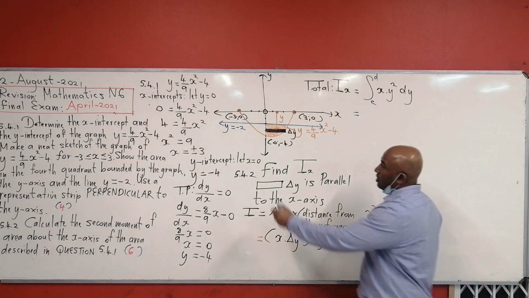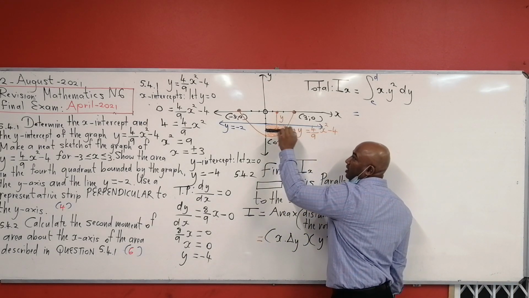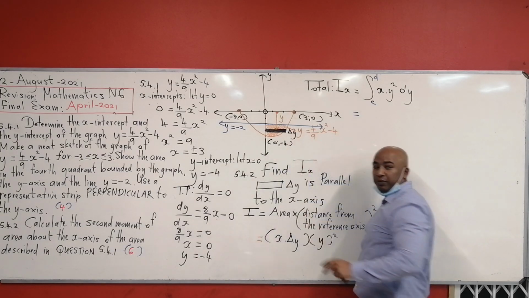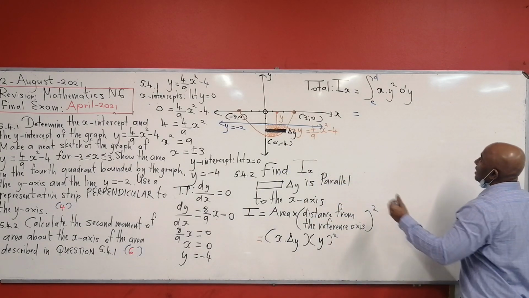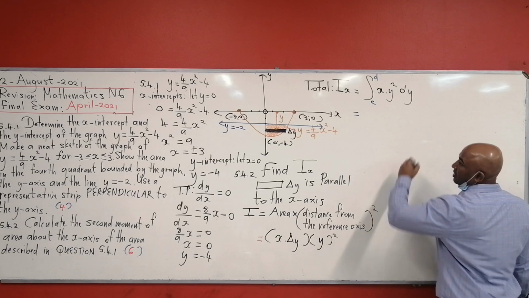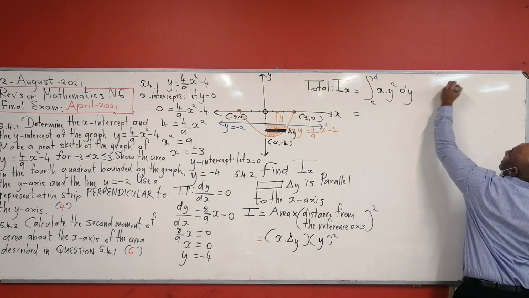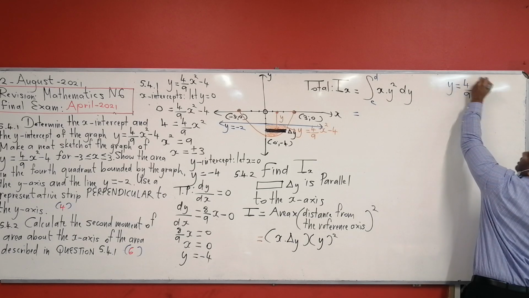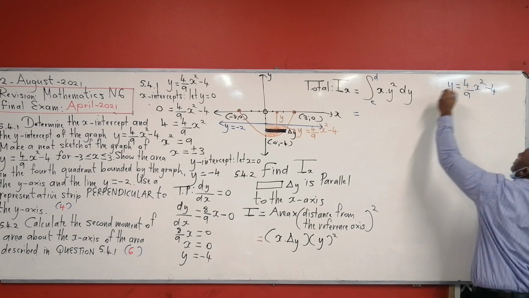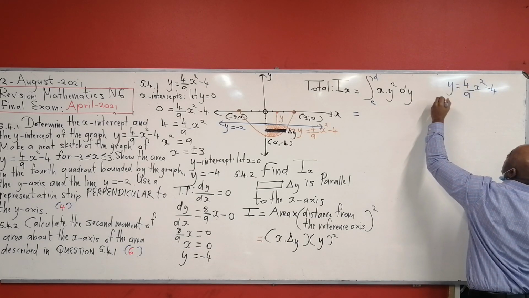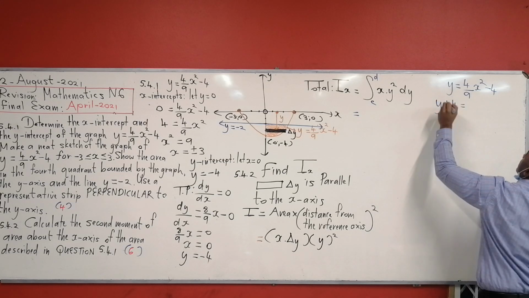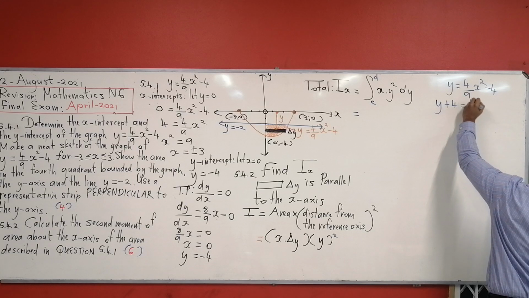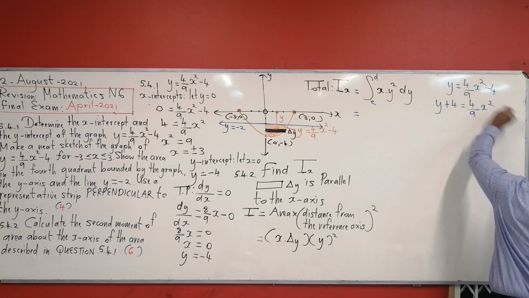So what am I talking about? This x here. This is the x value here. So this is the graph that we are dealing with. So let's make x the subject of the formula. So I got y is equal to 4 over 9 x squared minus 4. So I will have y plus 4 is equal to 4 over 9 x squared.